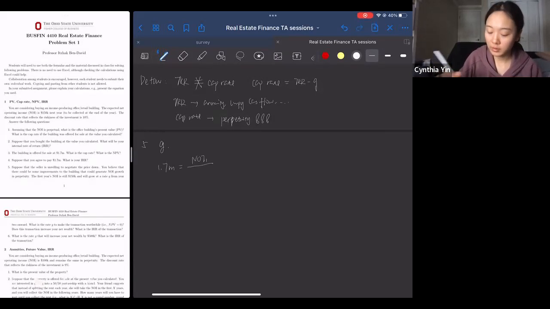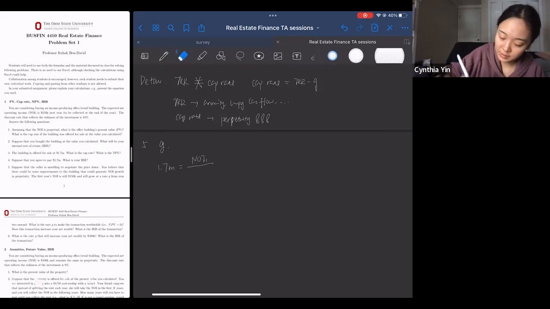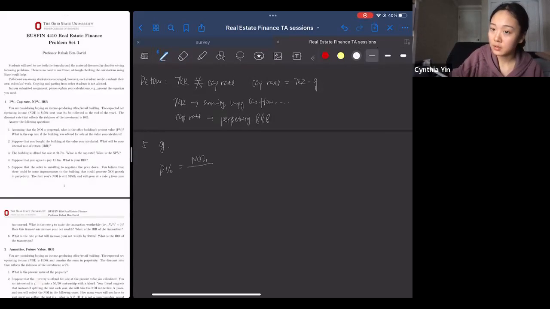But here, okay, let me write it this way. The present value is still just a PV, and you want to make the fair value of it equal your payment. So the fair value of the property is NOI divided by the market r minus g. g is what you want to find, and it is 150K divided by 10% minus g. And you want this whole thing to be the same as your investment, which is 1.7 million.